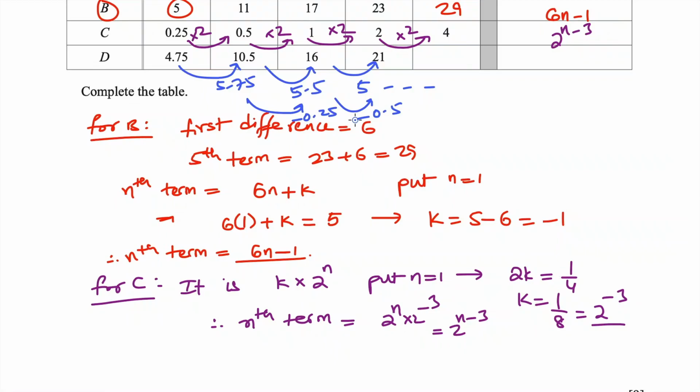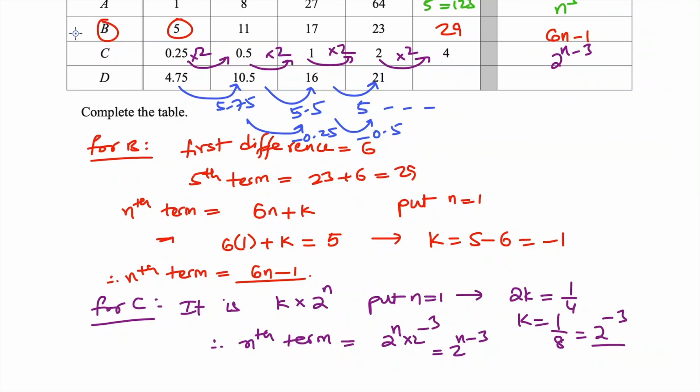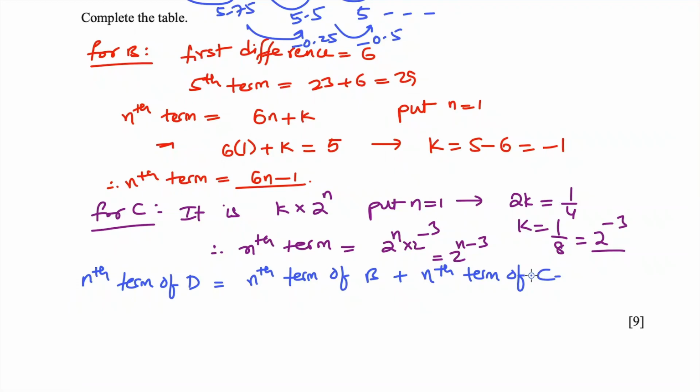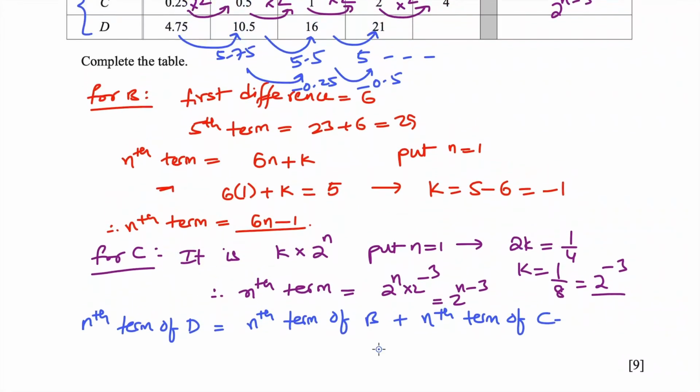But then think very carefully, look at the entire picture. What can you see? So B minus C is equal to D. So nth term of D is nothing but nth term of B minus nth term of C, if you observe carefully.